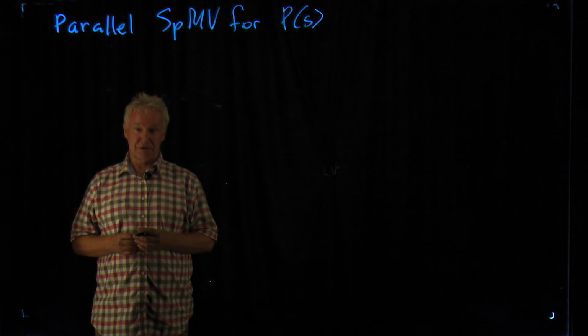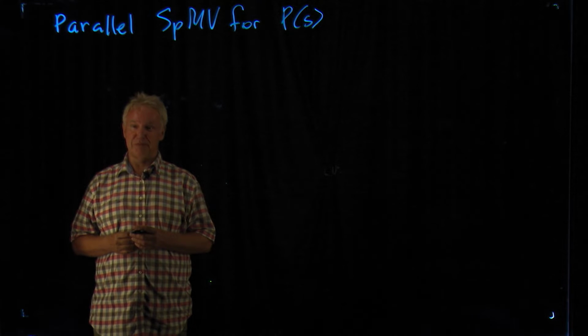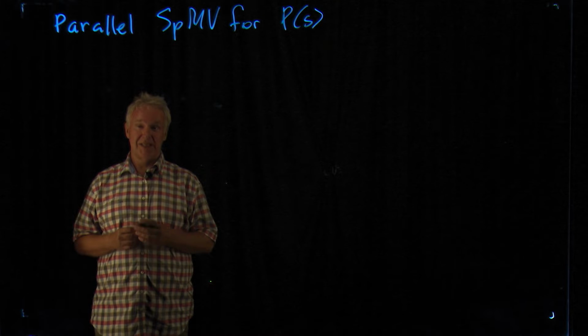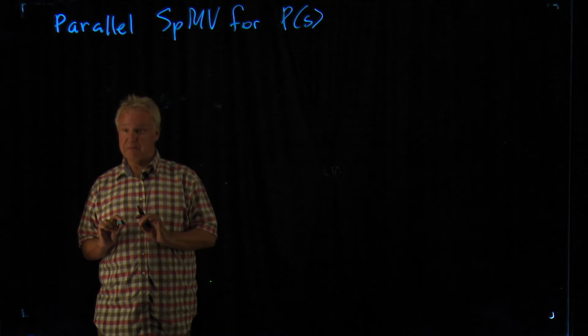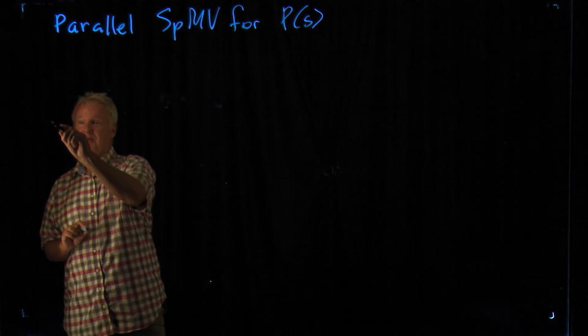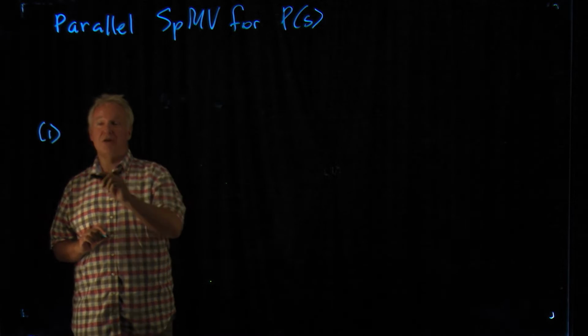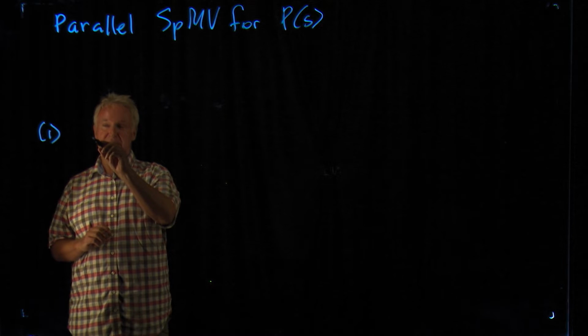The parallel sparse matrix vector multiplication for a processor PS is as follows. We'll start with the central operation, which is the local sparse matrix vector multiplication.